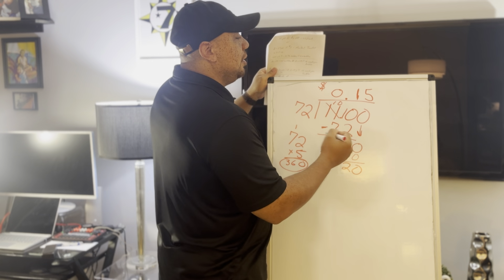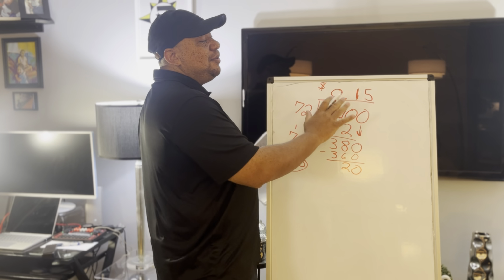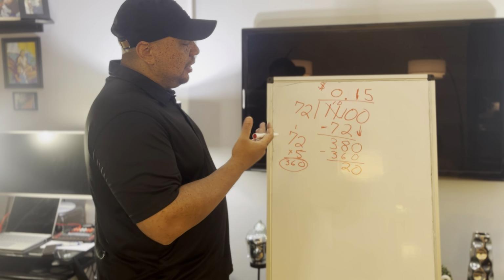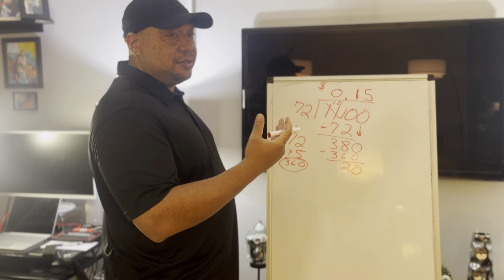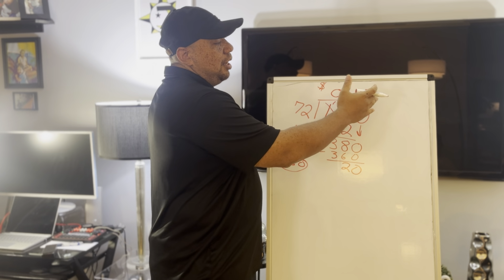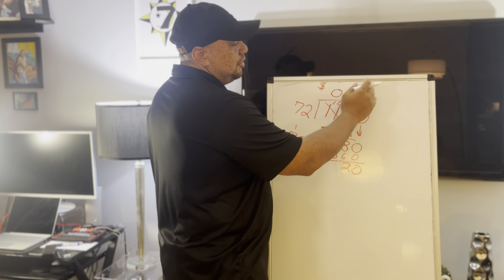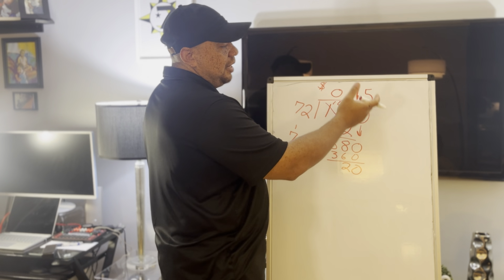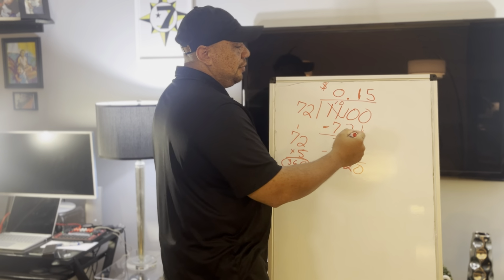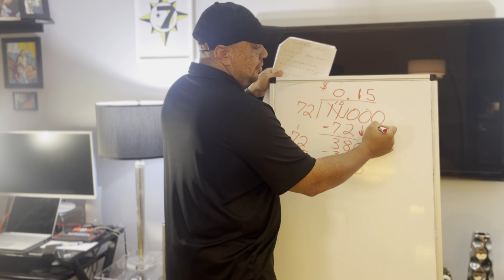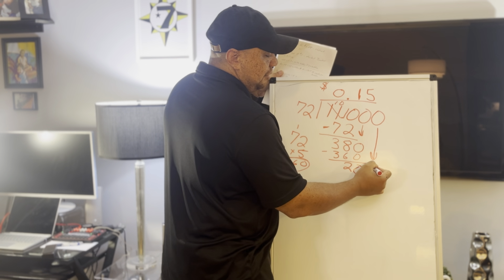All right. So we wouldn't even have to really go any further, but for the sake of doing this problem in long division, let's go another digit to the next column, so we can round up or down. Let's see if we could keep it at 15 cents, or we round up. So let's add a 0, drop the 0.